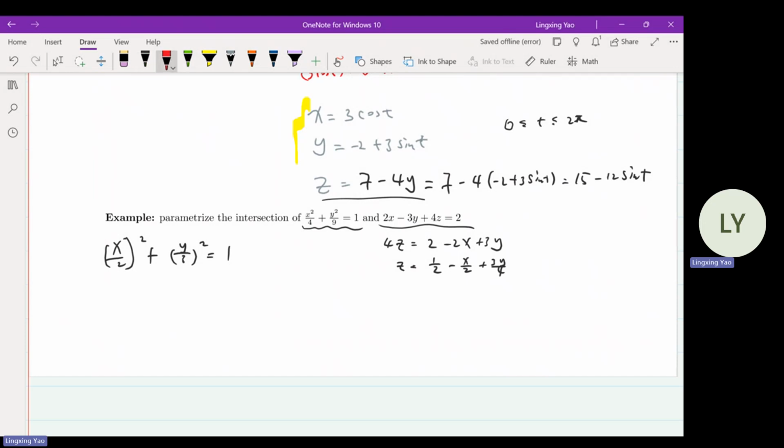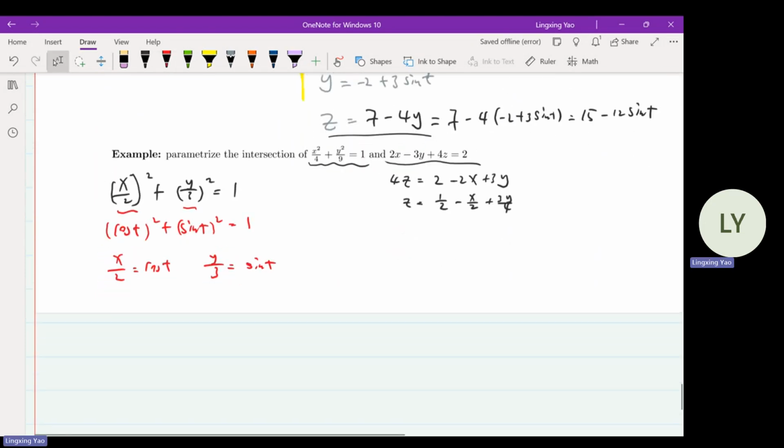So by using a similar argument, we can write this as cosine t, and this as sine t, and cosine squared t plus sine squared t equals 1. So this is a trig identity, right? So x over 2 is cosine t, and y over 3 is sine t.